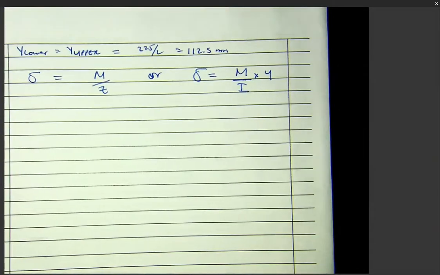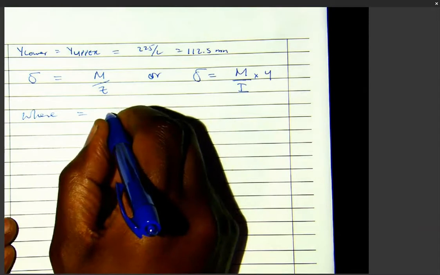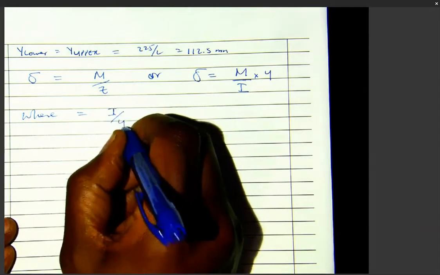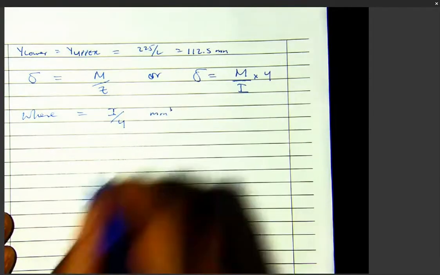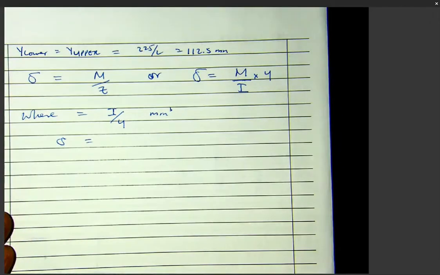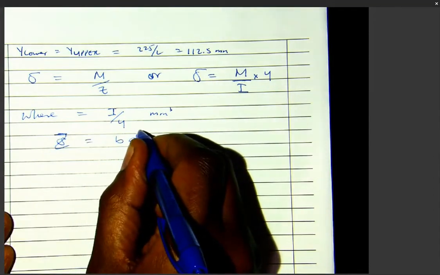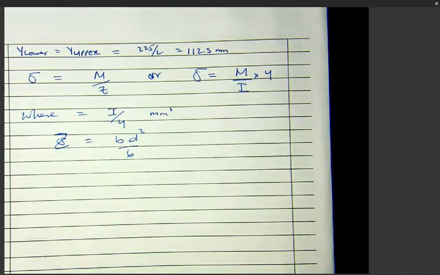I said where Z is the section modulus, where Z is equal to I over Y, and is in millimeters to the power 3. For a rectangular section, Z is equal to BD squared over 6. I hope I've got that formula right. It's BD squared over 6.